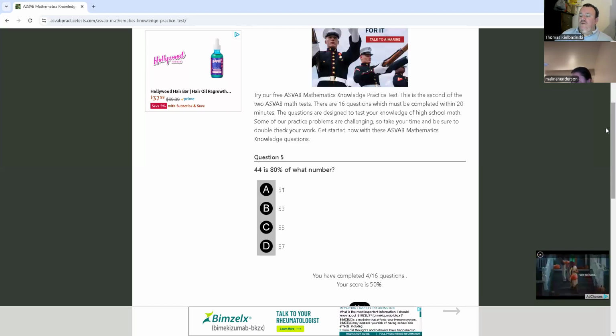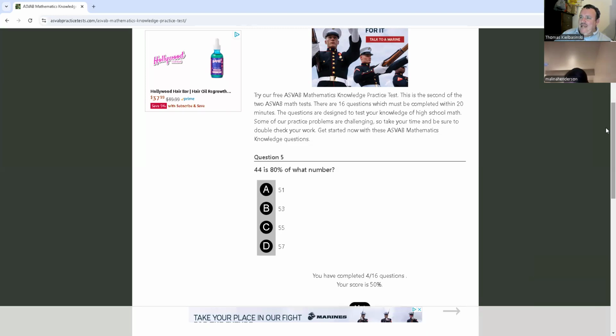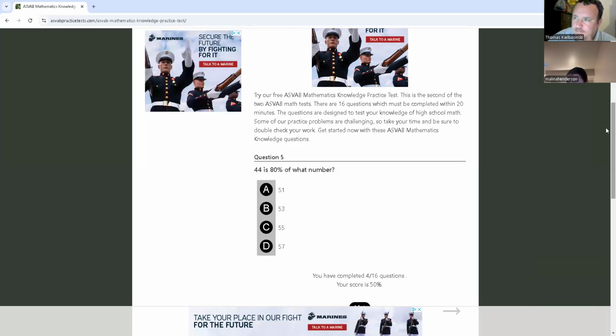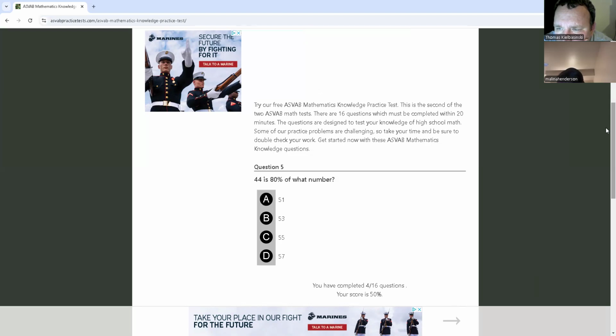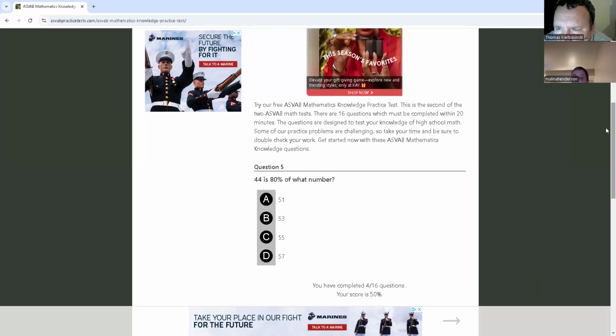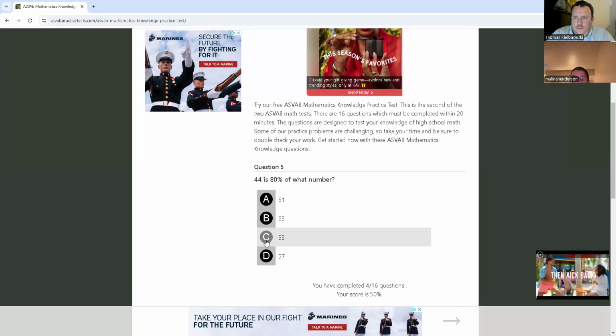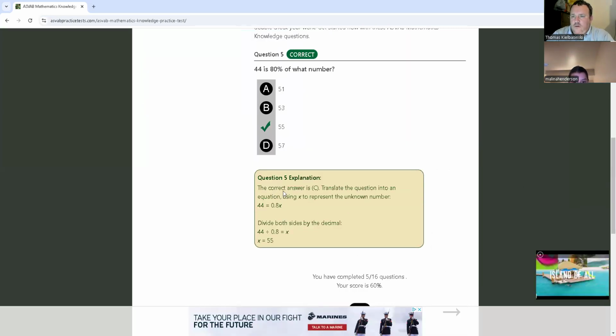We're assuming, since it would be closer to the number, but it's not A or B, it's either C or D, but I want to see if we can pick the right answer. 55. Yes. There you go. Cool, so we figured it out. The correct answer is C.